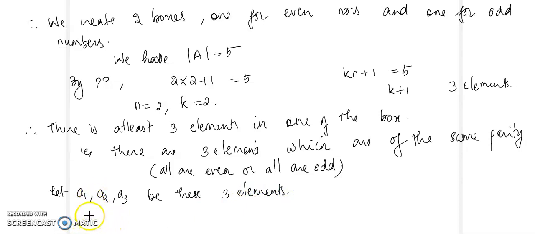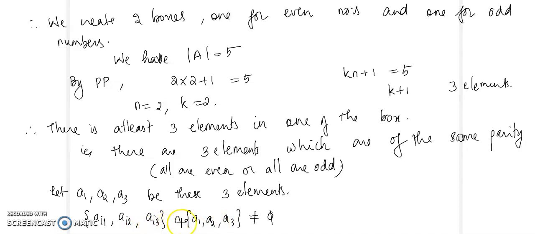And now consider {ai1, ai2, ai3} intersection {a1, a2, a3}. Now this intersection is not empty, because we have 3 values and there are only 5 values in total, and I have taken 2 sets of 3 values.